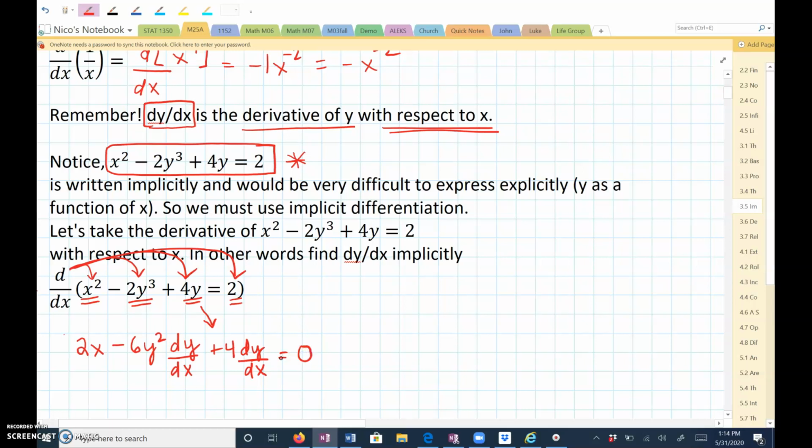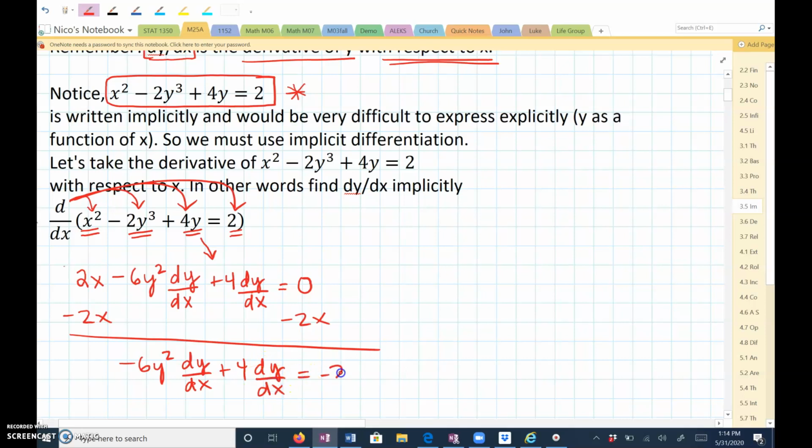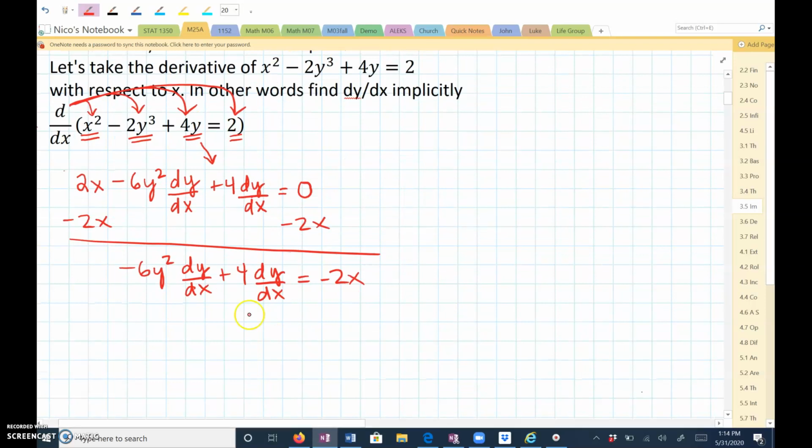Now we're going to solve for dy dx to see what the derivative of y is with respect to x. I'm going to subtract 2x from both sides. I'll get negative 6y squared dy dx plus 4 dy dx equals negative 2x. Then I will factor out dy dx, leaving me with negative 6y squared plus 4 equals negative 2x.